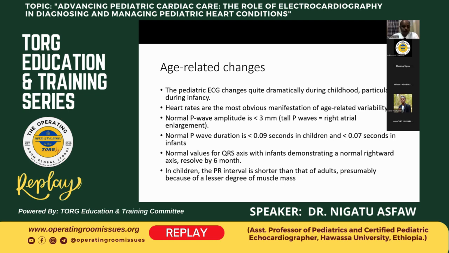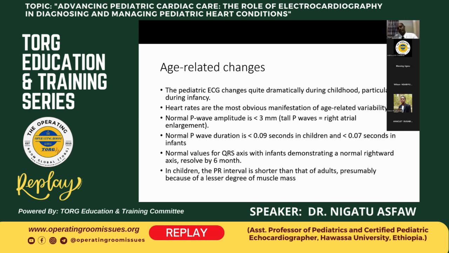Also the QRS axis is normally deviated to the right. There will be normal or physiologic right axis deviation in young infants, which will resolve at the age of 6 months. As I said earlier, there is physiologic dominance of the right ventricle, which will change as a child grows and the left ventricle becomes dominant.